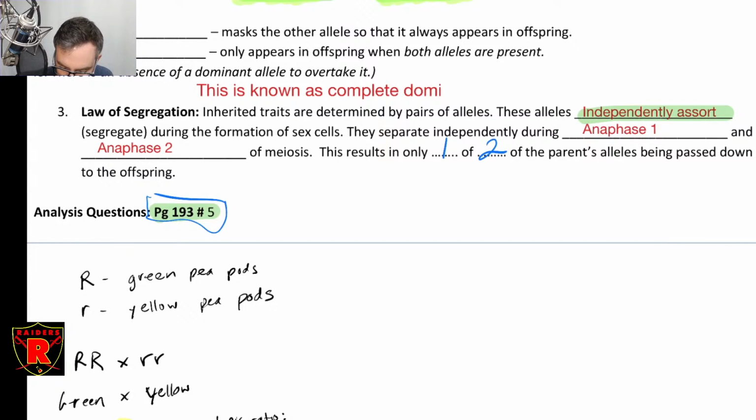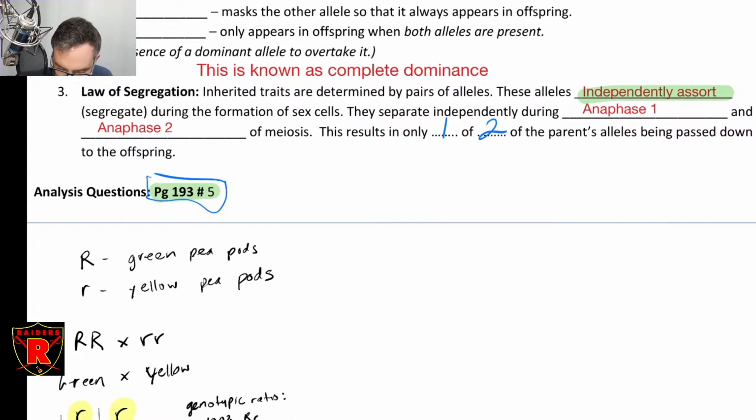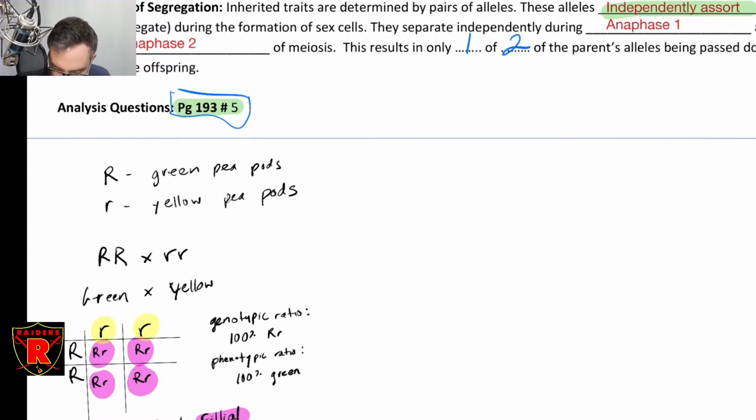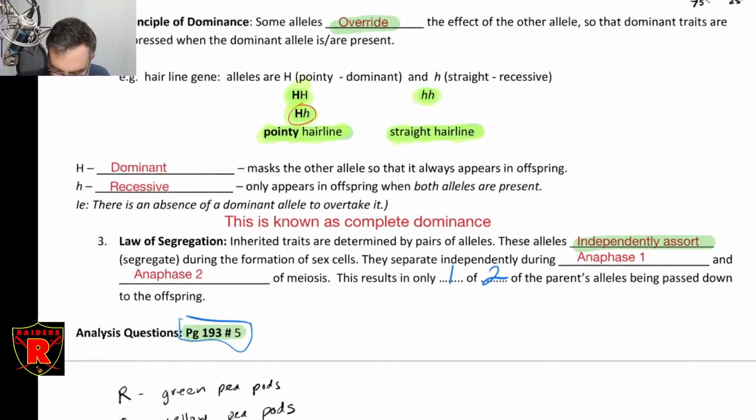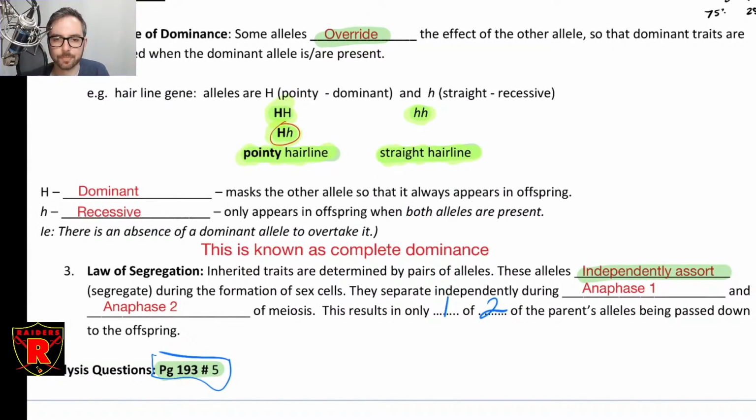So complete dominance is one way that genes can be expressed. That is, there's a dominant and there's a recessive, and whenever there's a dominant, the dominant always shows. Not all traits have that relationship between their alleles, where one always shows over the other one. And we're going to talk in this course today about some other types of inheritance that are not complete dominance, where one will always override the other one.